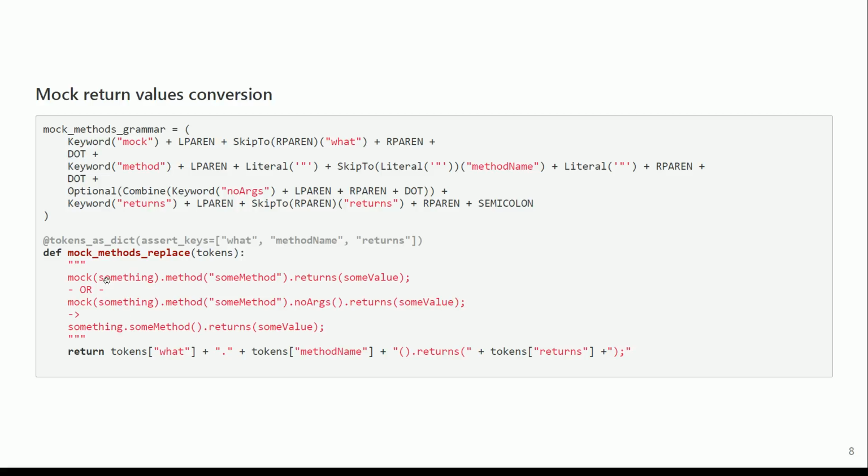In the Mocklet syntax, you define the mock, set a method, and what it returns. Because in Mocha2 the resulting syntax is identical to defining that there are no arguments specified for the call, we kept it in one single grammar, which is this optional part, where optionally the string can contain this thing, which will be thrown away anyway because we don't need it.